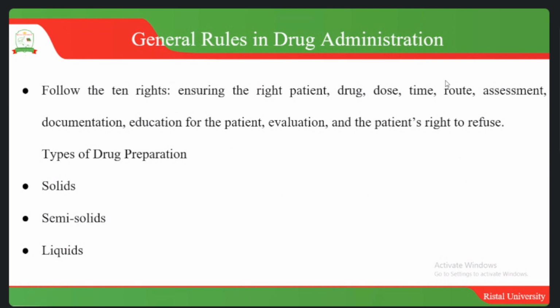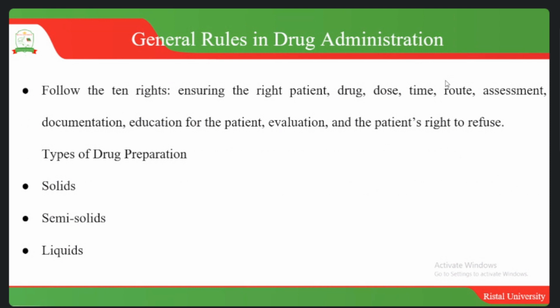Then the route is very important because there are some drugs that we are not supposed to give by intravenous, and when we give them, it can cause a lot of impact, especially to the heart. So we have to take note of the different routes that have been prescribed by our doctors or the physicians before we administer these drugs. Then assessment: you have to assess the situation of your patient in relation to the different routes, the types of drugs and the dosage that you're going to give.